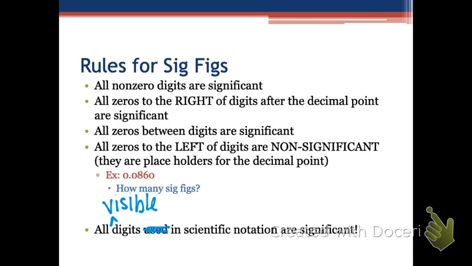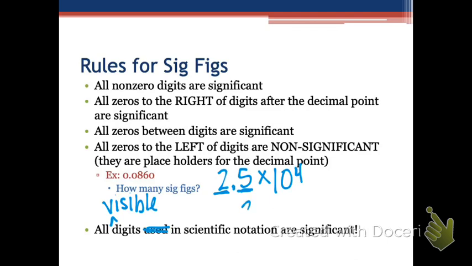So what that means is 2.5 times 10 to the 4th has how many significant figures? Nope, just visible digits. 2.5. Just 2. The times 10 to the 4th is not considered a visible digit. That's just part of the scientific notation.